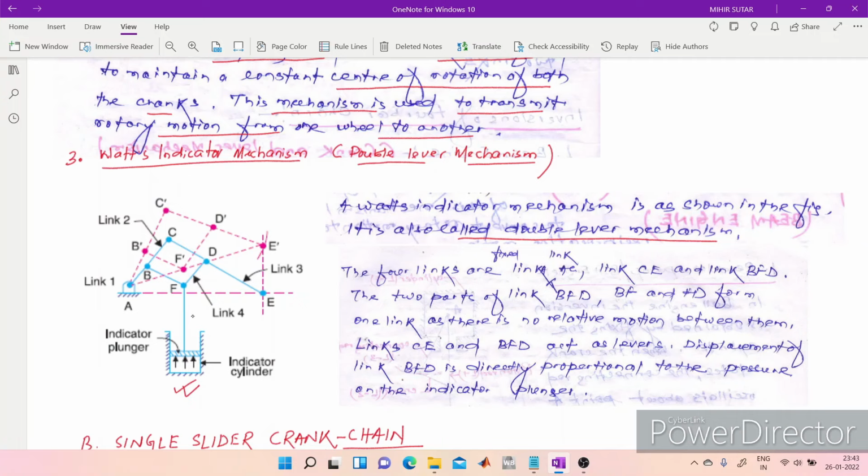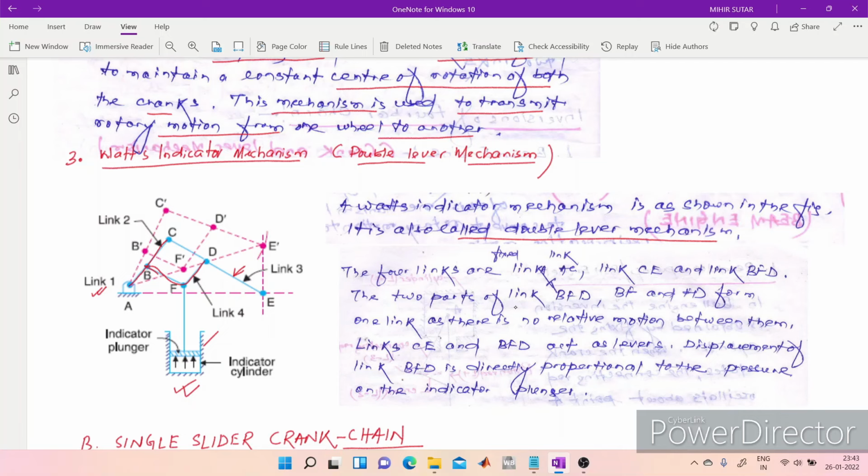We have a fixed link, and this is link 3, and this part is link 4, and the fixed portion we are taking as link 1 here. And this part, that is your CB, is link 2.